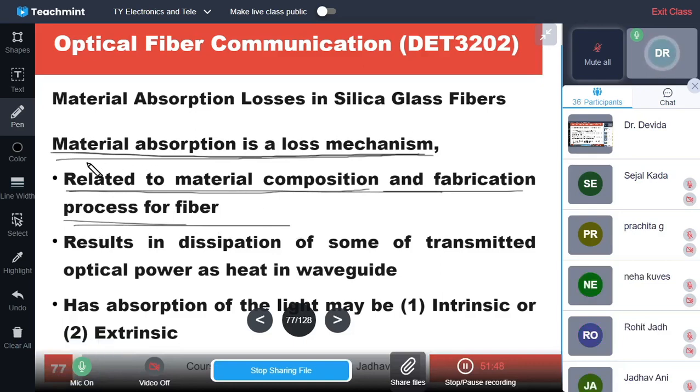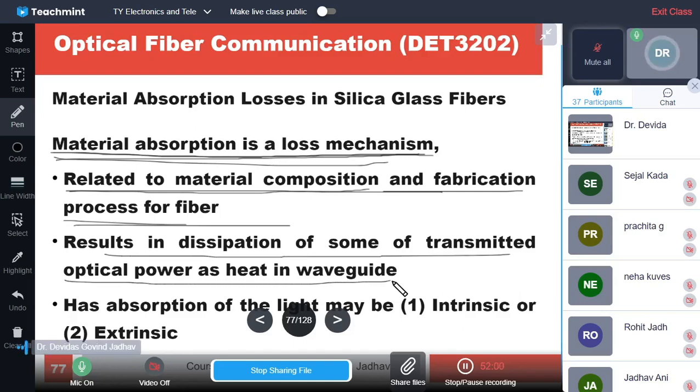The material absorption loss mechanism results in the dissipation of some of the transmitted optical power as heat in the waveguide. So what makes the absorption loss? As it is an absorption loss mechanism, it is absorption of the optical energy.